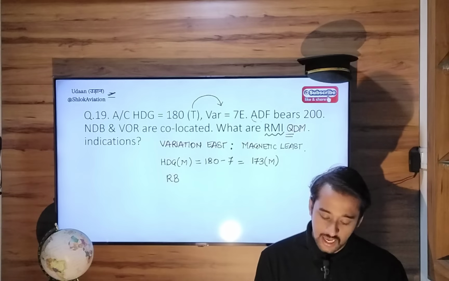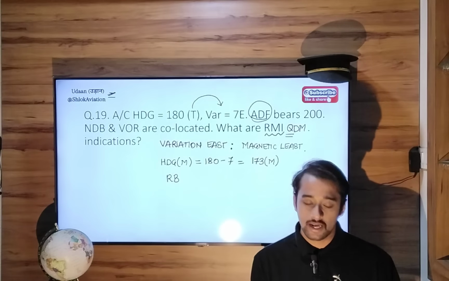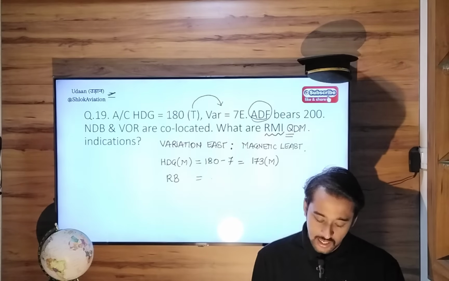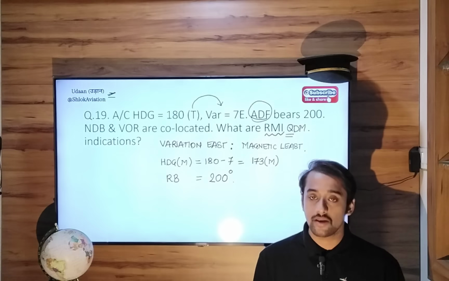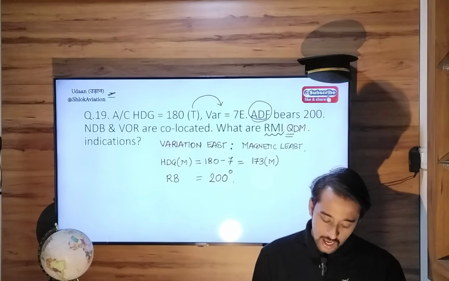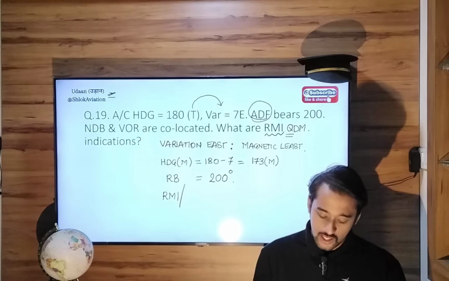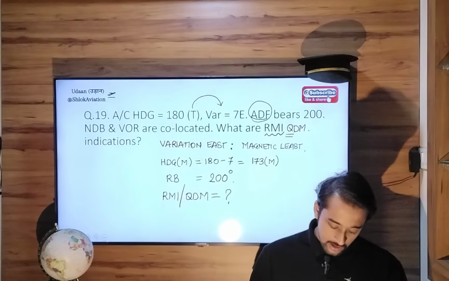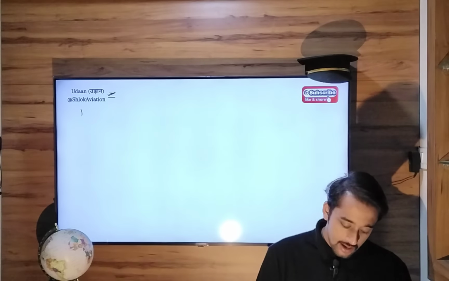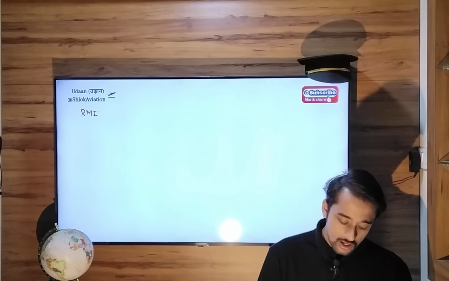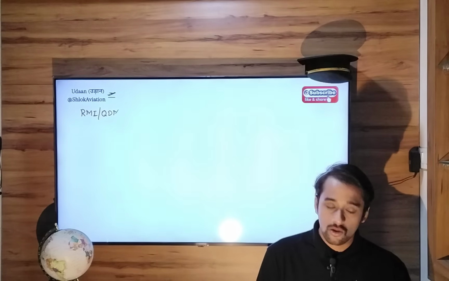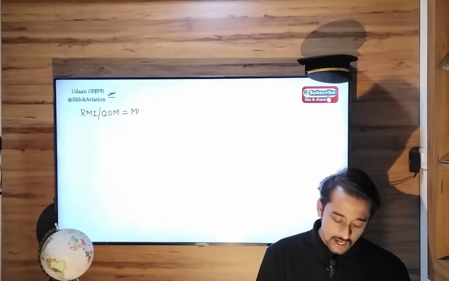This is ADF, automatic direction finding. So they are trying to tell us that relative bearing is 200 degree. Now we have to find RMI indication, or in other words QDM indication. Now very simple formula, RMI or QDM equals magnetic heading plus relative bearing.